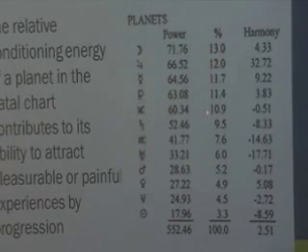We can see the percentage of power that that planet holds in any given chart, and how that is conditioned, whether it's greatly harmonious or highly discordant. It gives us key information.